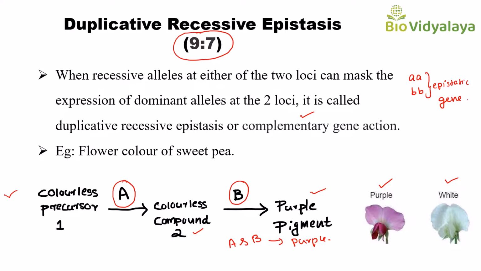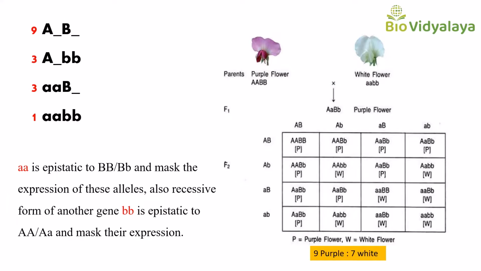Because the recessive alleles are epistatic. Here the recessive alleles are epistatic. Okay. This is the cross between purple flower and white color flower. And here in F1 hybrid we are getting purple flower because here both the genes are in dominant form.